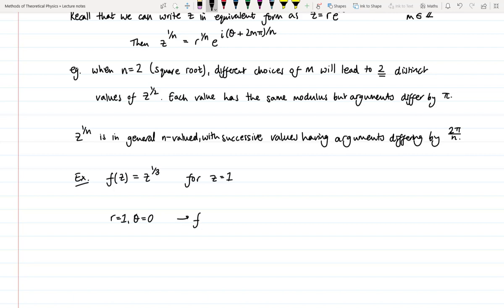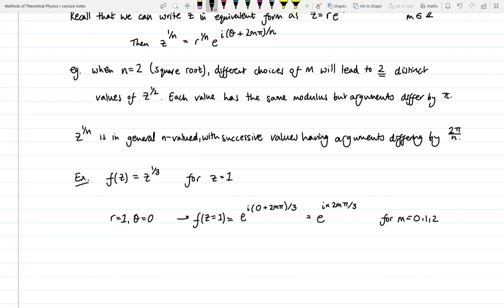This means that f of z equals 1 to the 1/3, which is 1, and then we have e to the i, theta is 0, plus 2m pi, integer multiples of 2 pi, divided by 3. So we have e to the i times 2m pi over 3. And here we have m equaling 0, 1, or 2.